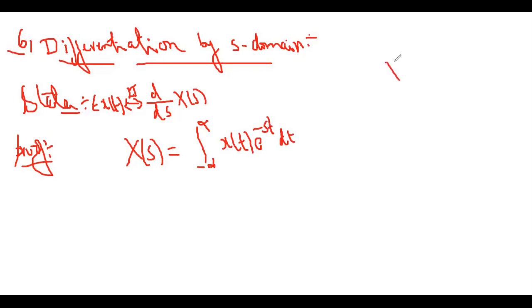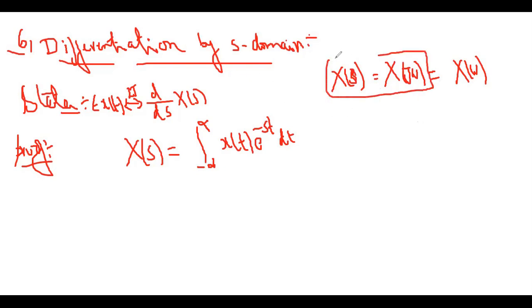The shortcut notation of j omega, X of j omega, is also the X of s. Simple. Wherever the j omega is there, you can substitute the s, and it becomes the Laplace transformation. Following, my students.